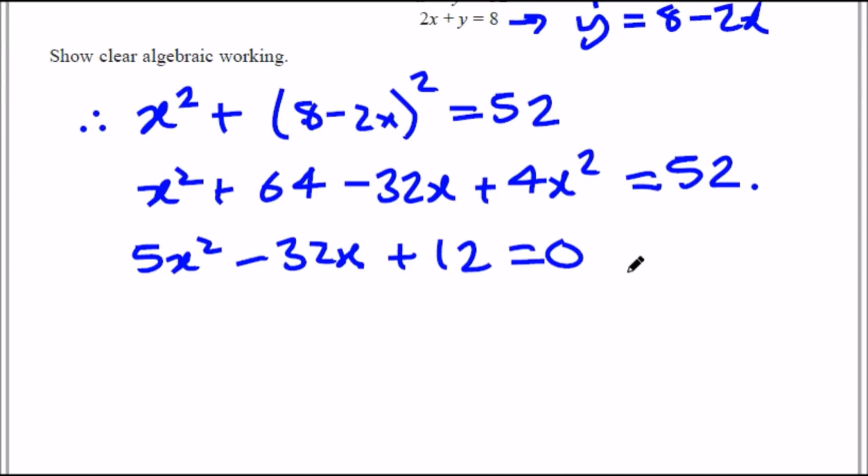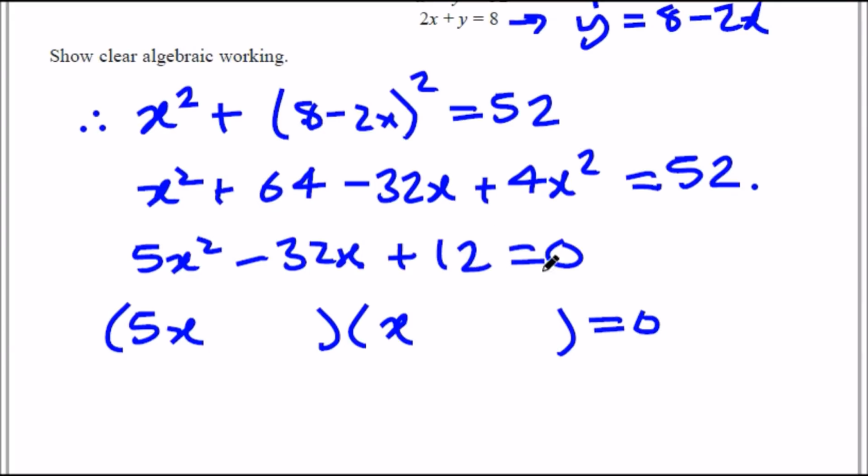Now let's work this out. I'm going to go ahead and factorize this. You could use the quadratic formula, but I think I've got it. If you're going to factorize it, do it like this. Always try 5x and x first, because I don't think you can do anything else. Now, how do we get 12? Two numbers multiplied to get 12: you need either 1 and 12, 2 and 6, and that's it. And one of them needs to be multiplied by 5 to get a difference of 32.